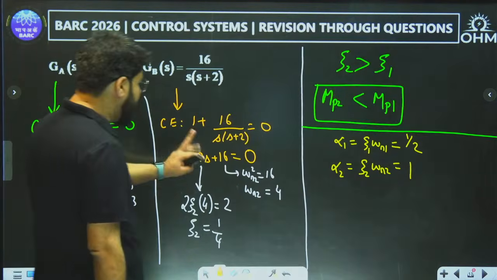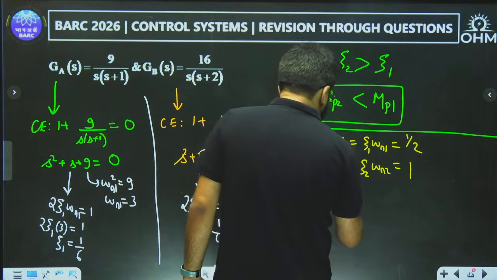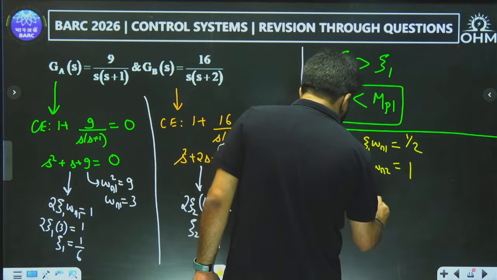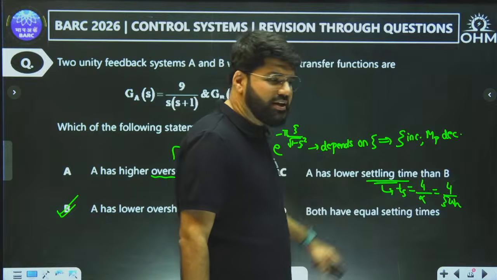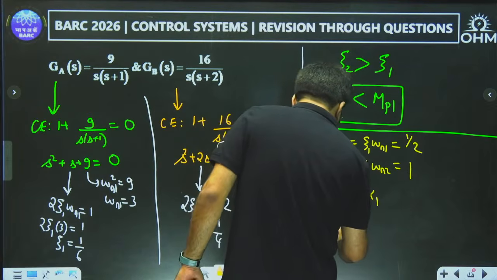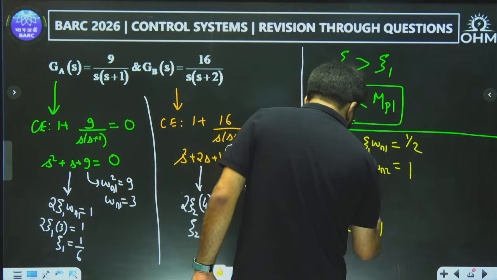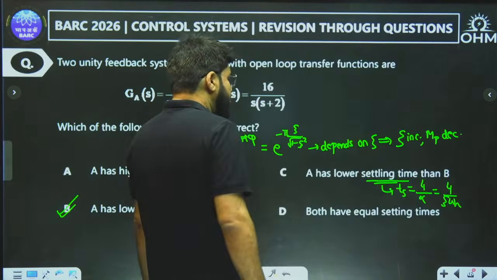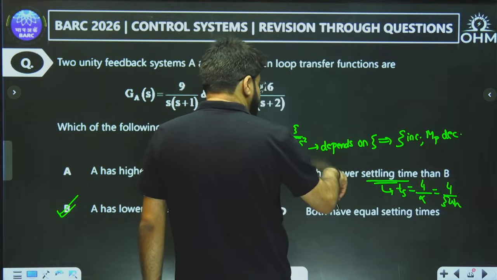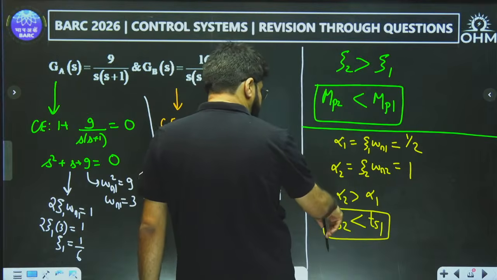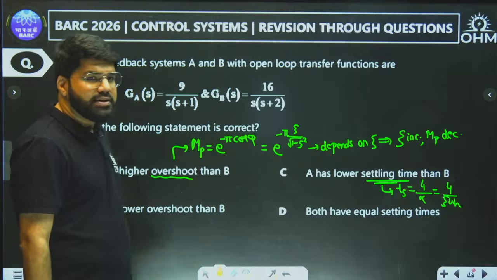Which alpha is greater? Alpha 2 is greater than alpha 1. And more alpha means less settling time, again an inverse relation. So the settling time of the second system will be less than that of the first system. The statement that they have equal settling time is wrong, and A does not have lower settling time; the second system has lower settling time. That is why the only correct answer is B.